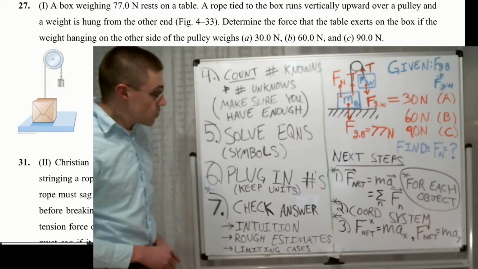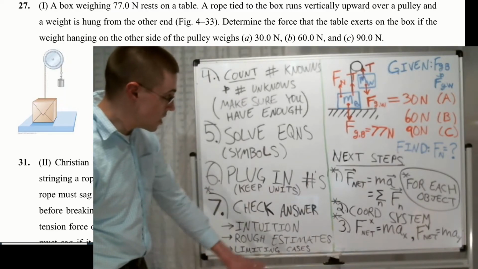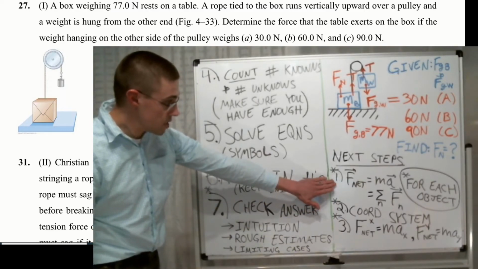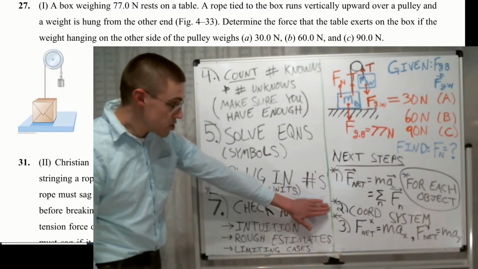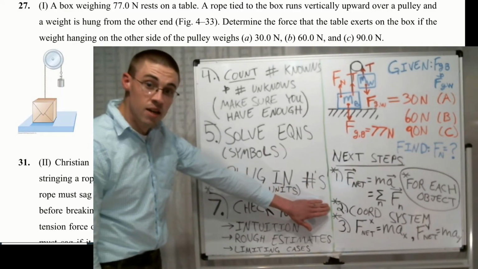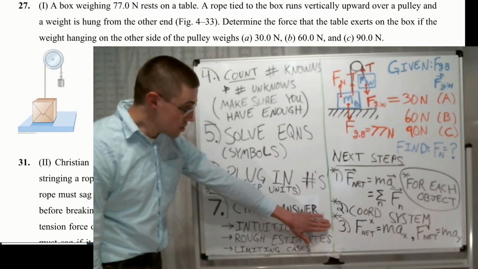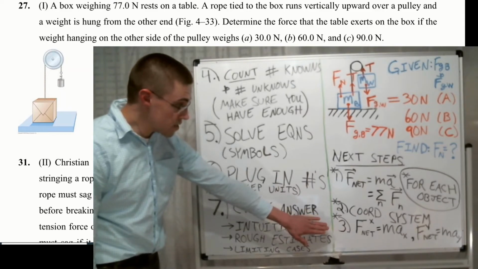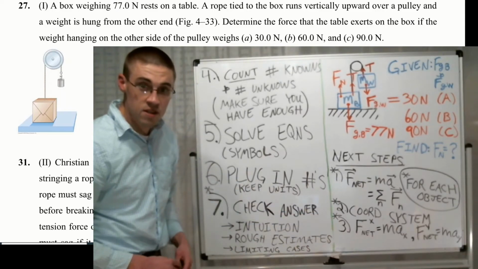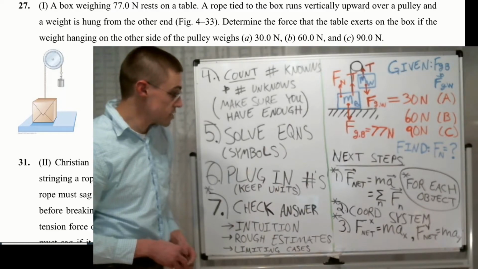Just to drive this home one last time, make sure you do an F net equals ma for each object. Make sure you set up your coordinate system for each object, and make sure that you apply that consistently. And number 3, make sure that you break these things into their individual components and do that for each object.